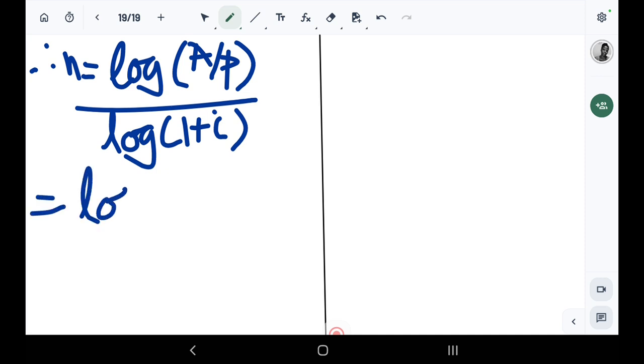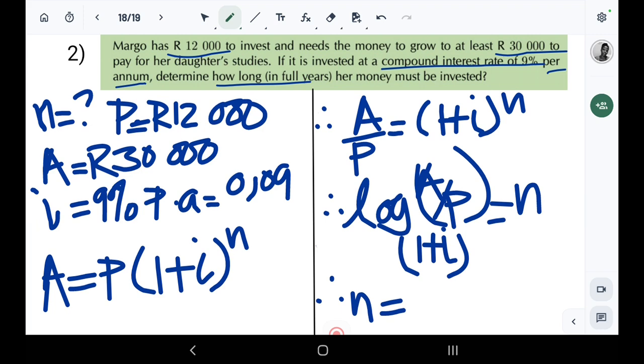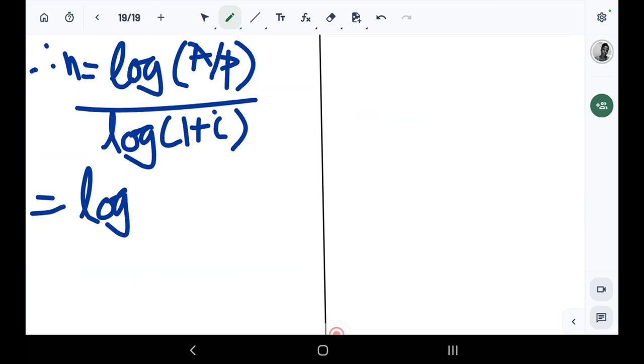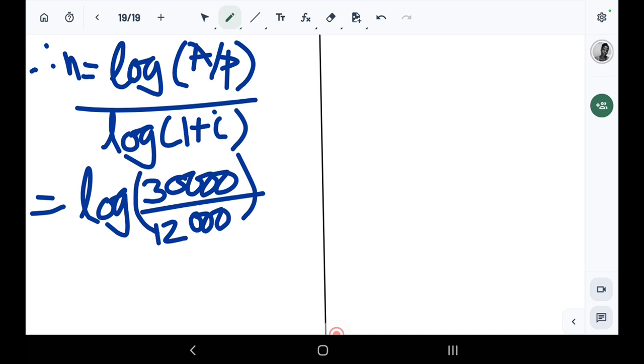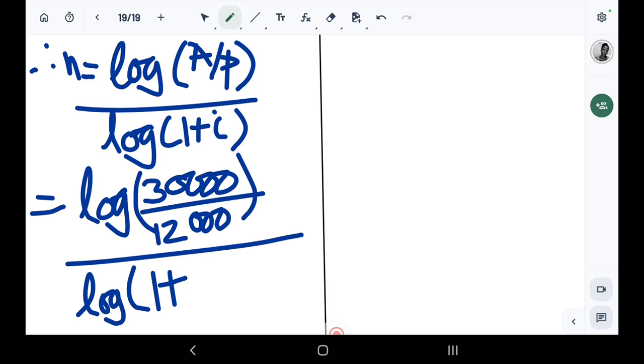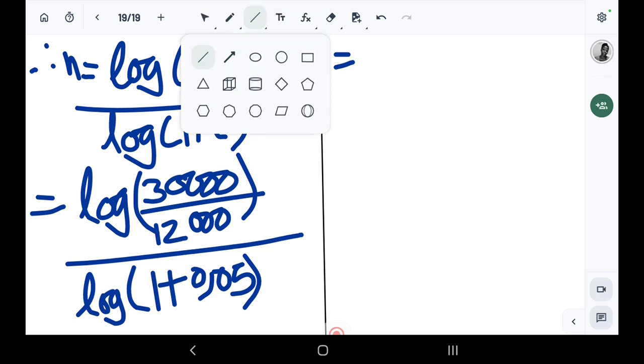That is equal to the log of A, which is 30,000, over P, which is 12,000, all over the log of 1 plus 0.09.